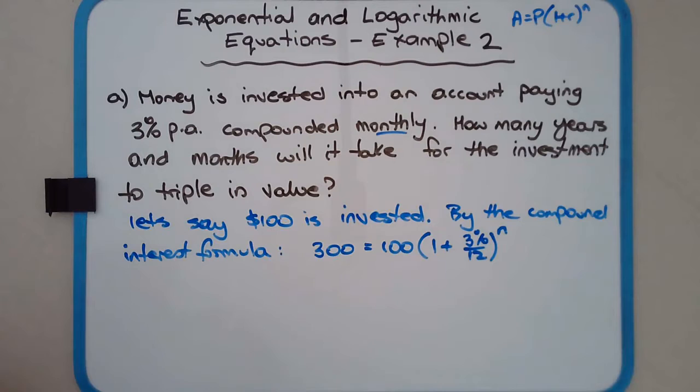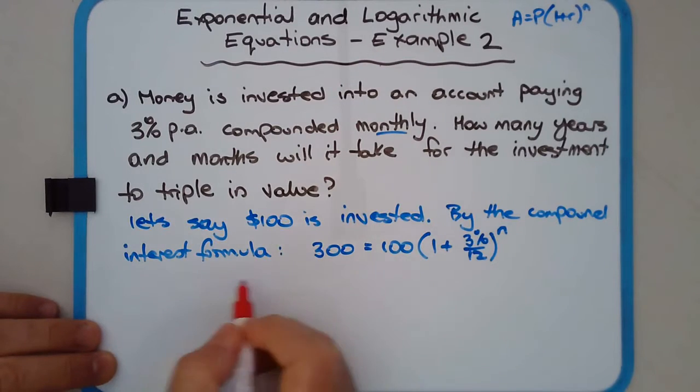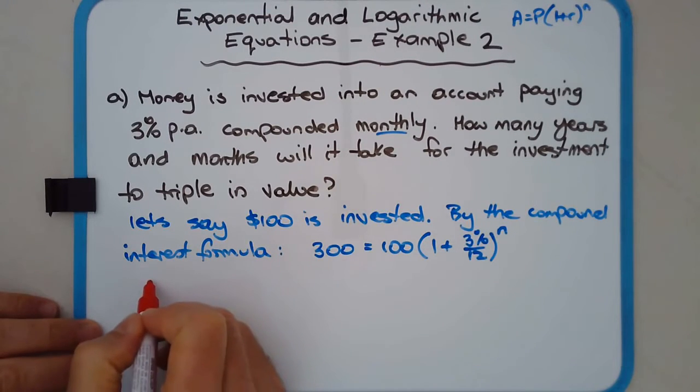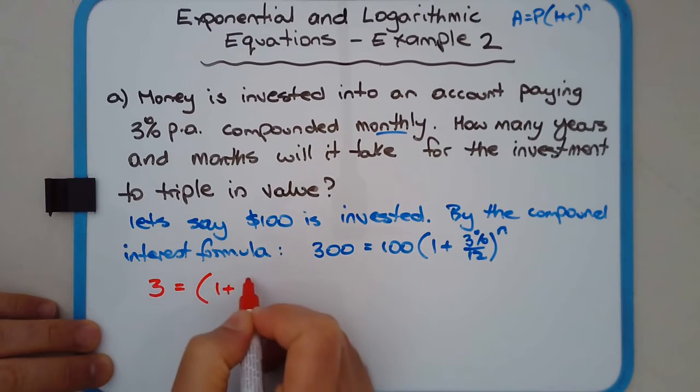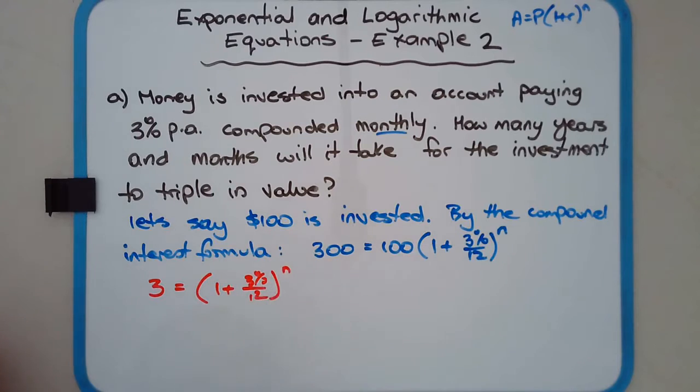Dividing both sides by 100, 3 is equal to 1 plus 3% on 12 to the power of n. We're going to take the log base 10 of both sides, since the calculator has a log button we can use. It doesn't matter what base you use, but since the calculator can work out logs of base 10, we can conveniently use that.